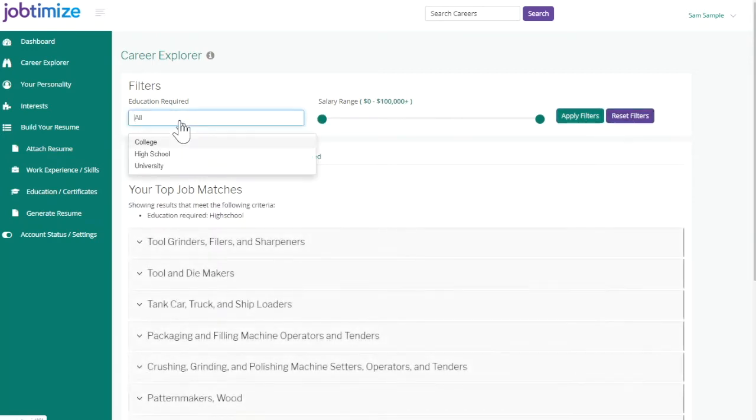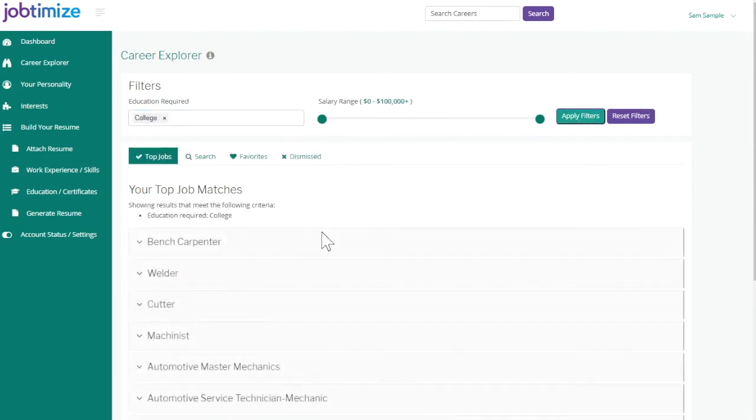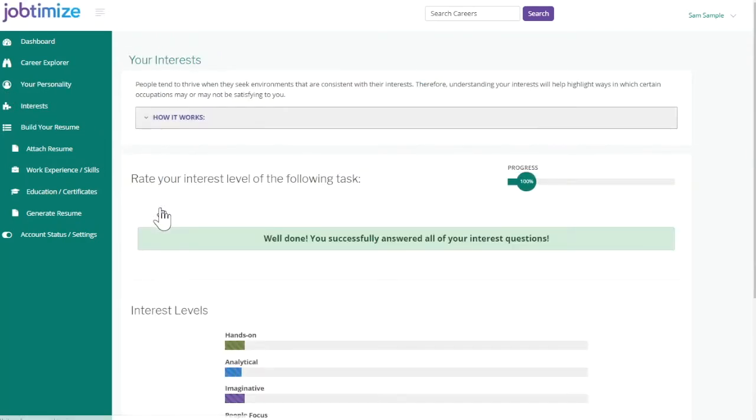But if we were to reset and let's say change it to college and apply filters, see what happens, you get positions that are much more related to trades, where Sam could consider an apprenticeship perhaps. The other filter that's going on in the background that you may not be aware of is Sam has also completed his interests.